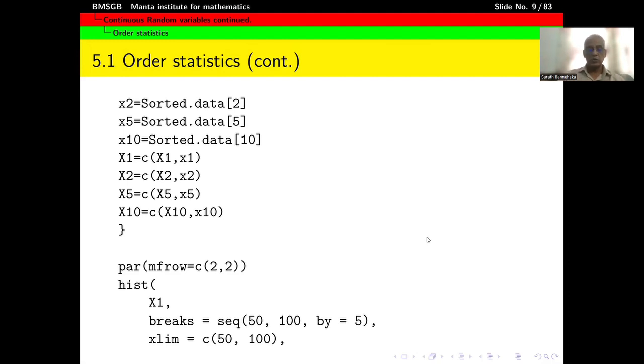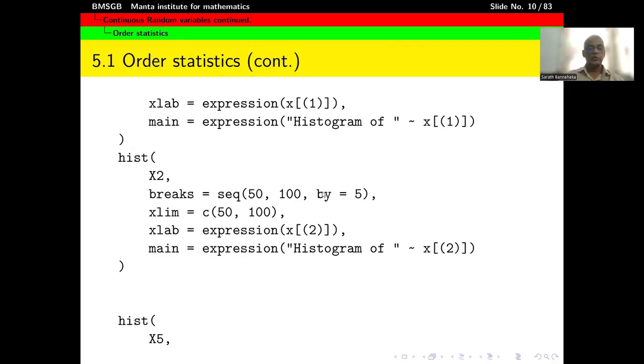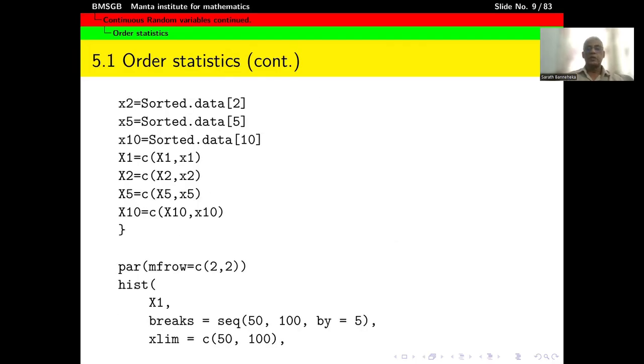Now I want to just look at their graphs, so I'm going to draw them in the same graph window. I'm going to divide my graphic window into 2 by 2 subsets, or matrix. For that, I have to use this command par.